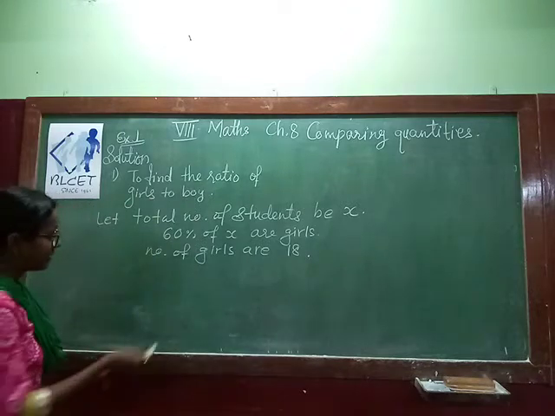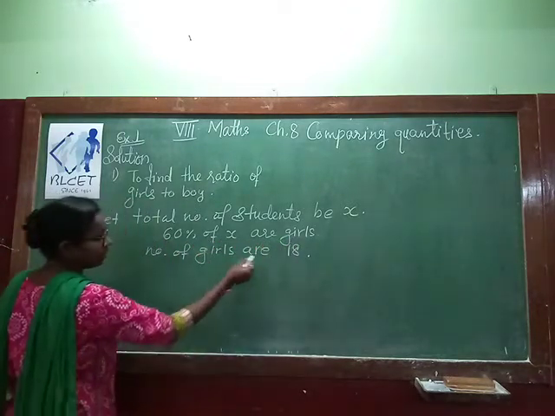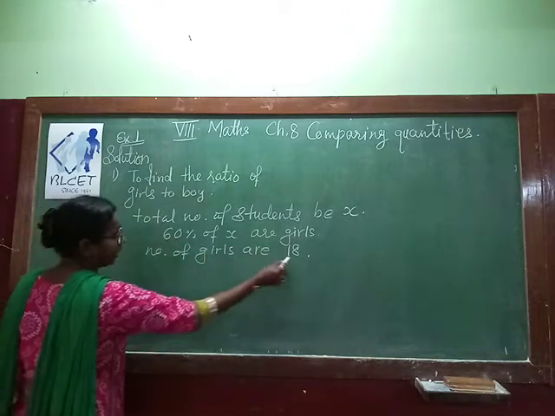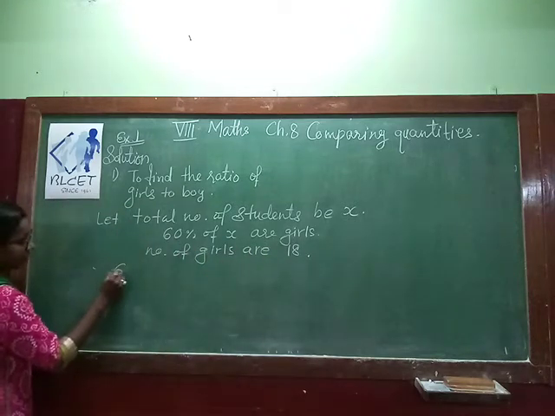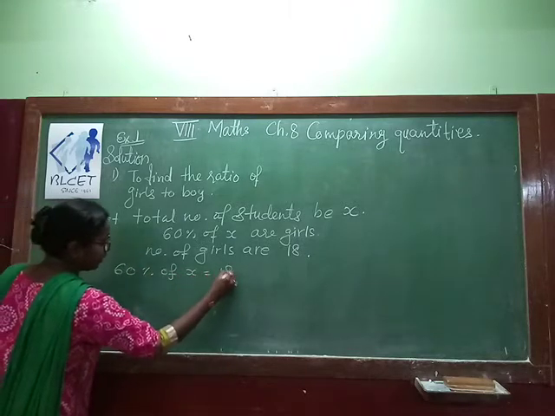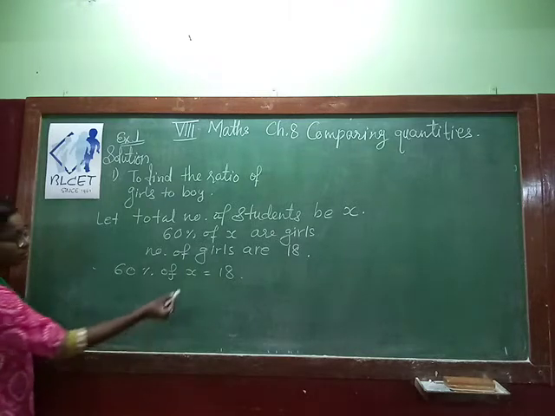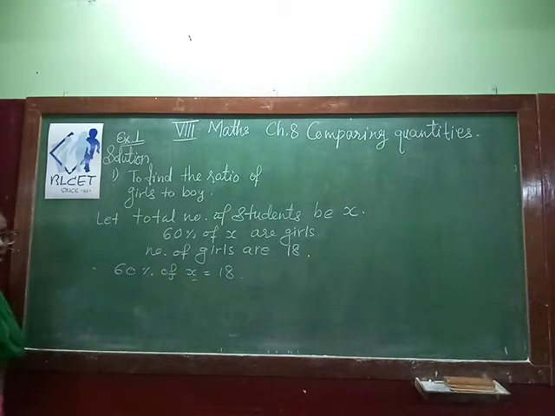So what we can say? 60% of x are girls and the number of girls are 18. So therefore 60% of x is equal to 18. This is our equation. Here we want to find the value of x.